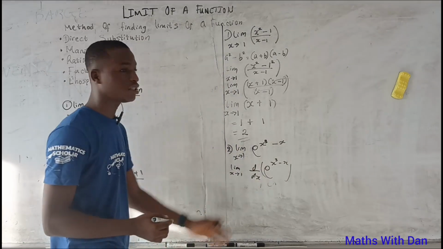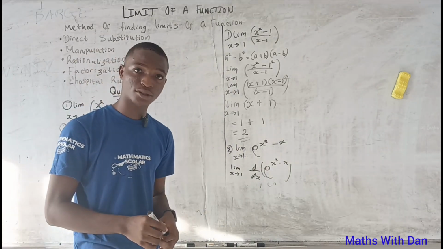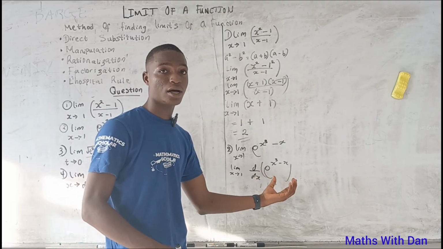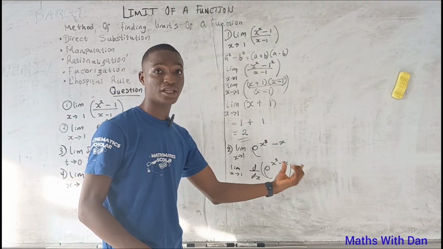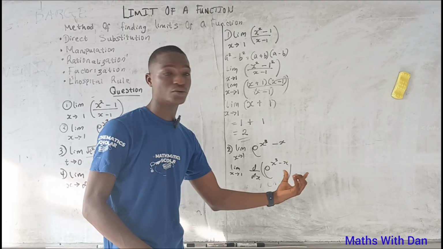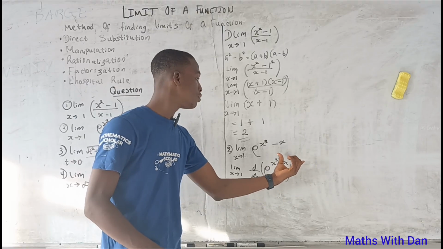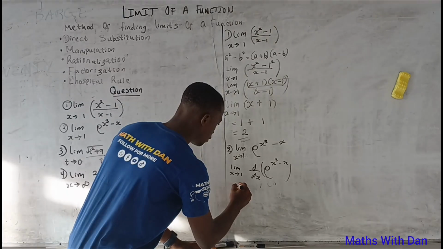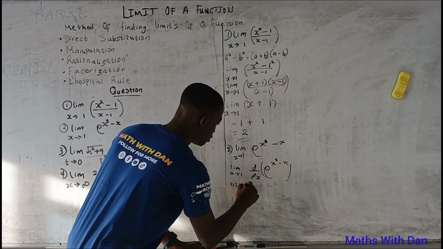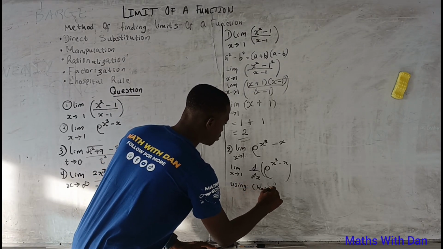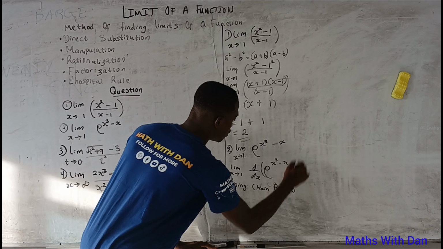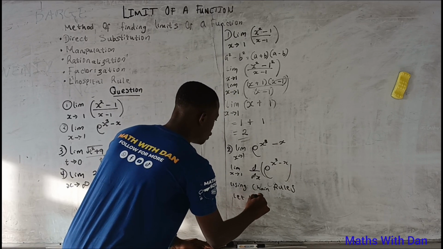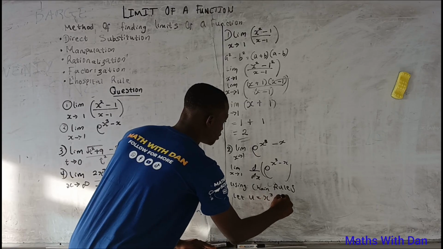If you are to differentiate this, we are going to use what we call the chain rule, because it has a power, and the power is x cubed minus x. So using the chain rule, let u be equal to x cubed minus x.